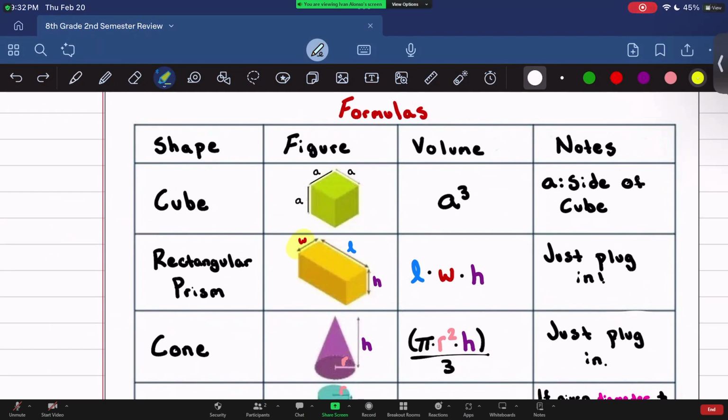So if you were given r and h, you need to first square r, multiply that by h, multiply that by pi, and then you divide by 3. If you plug this into a calculator, you need to really be careful because if you forget your parentheses, if you divide wrong, you're gonna get the wrong answer. Okay, and that probably honestly happened on that test today if you were using the calculator. A calculator always follows PEMDAS, so you need to know how to make sure that's correct.